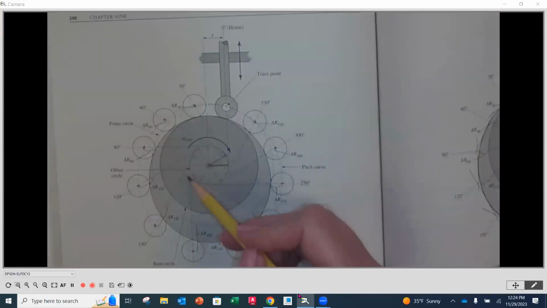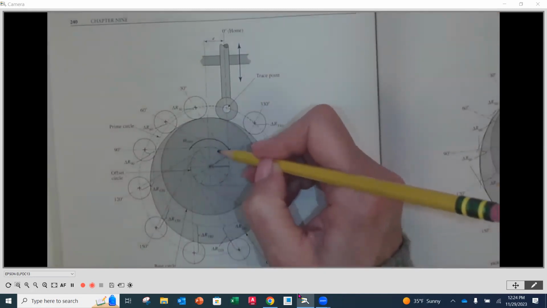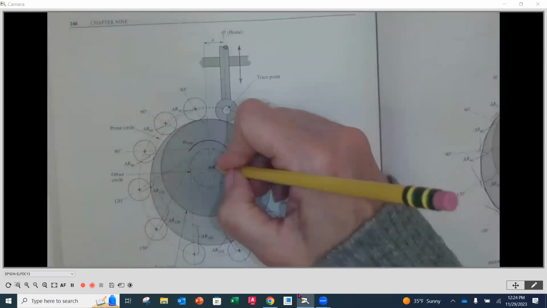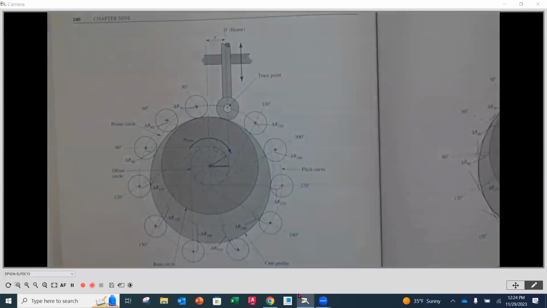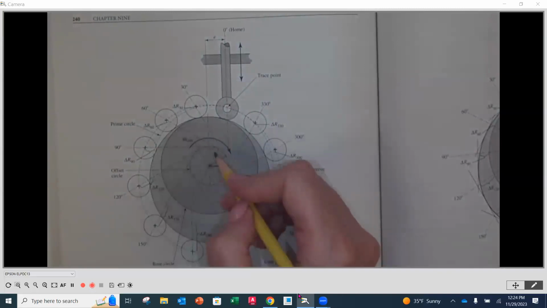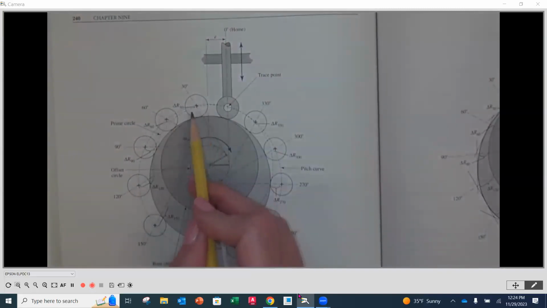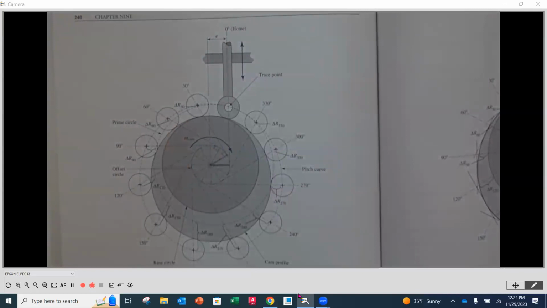The next one, as we go on this offset, is going to be another 30 degrees, and this is going to correspond to 60. So here again is a 90-degree angle, and then your angle is going to go off at 60 degrees here, perpendicular back, and then your distance is going to be from your prime circle, and this is going to be the distance from your displacement diagram.